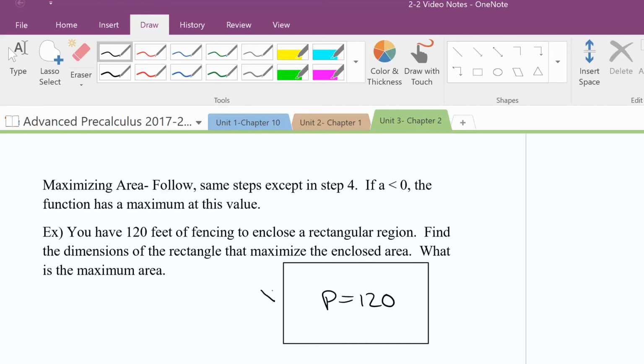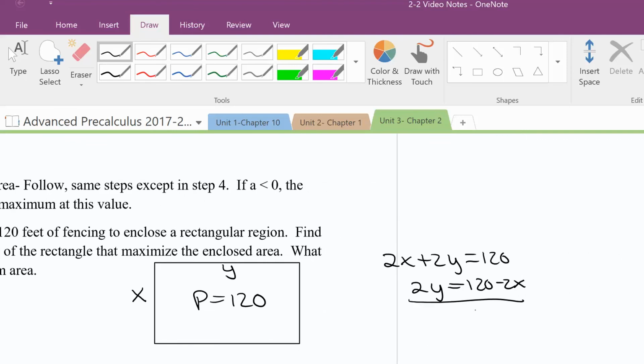And you have x and y, right? So you know 2x plus 2y is equal to 120. So then you know that 2y is equal to 120 minus 2x. So then when you divide by 2, you get y is equal to 60 minus x.